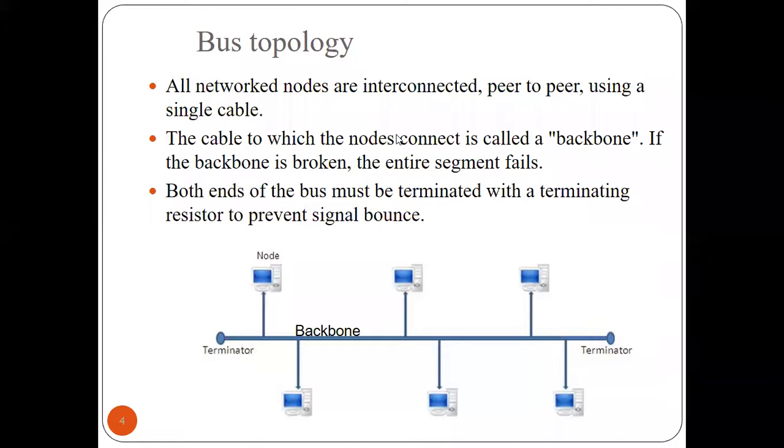First of all, what is bus topology? All network nodes are interconnected peer to peer. Peer to peer is also known as point to point connection. All network nodes are interconnected peer to peer using a single cable.